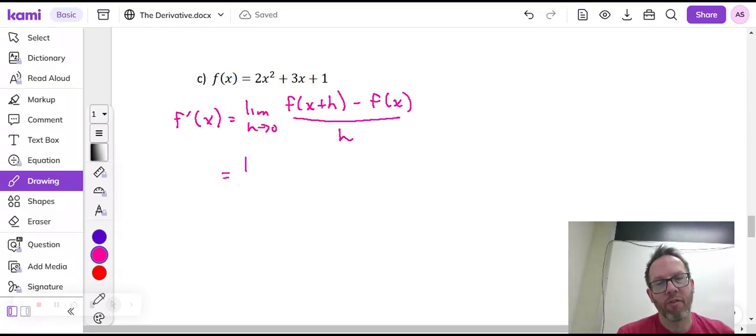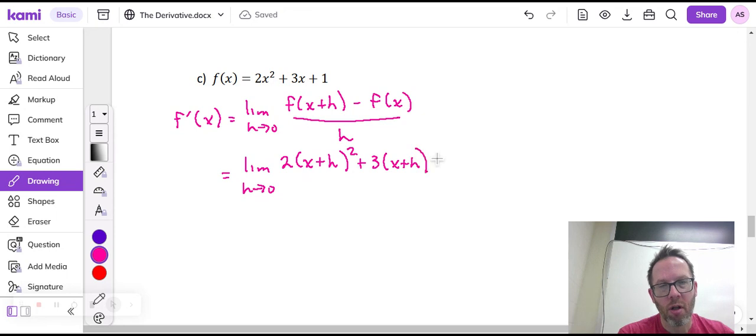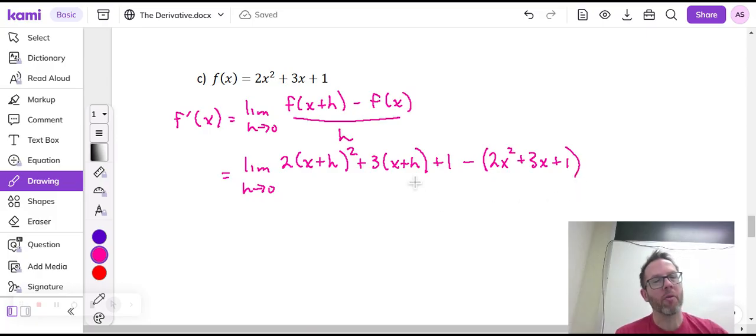And then it just gives you that structure, and now you can plug in because you correctly had the expression for f at x plus h, which is 2 times (x plus h) squared plus 3 times (x plus h) plus 1. And then we subtract f at x. And remember your grade 9 math, everybody. Subtracting polynomials. We'll put that second one in brackets, all over h. So that's the setup.